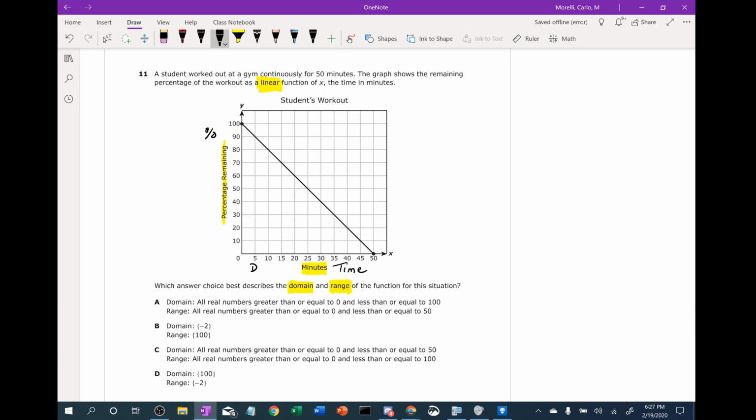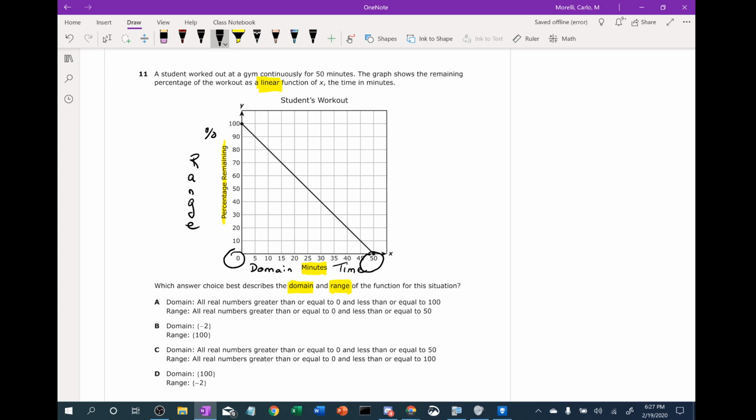So domain is X. So the domain is the minutes, and this is the range. Okay, so let's see. Domain, all real numbers greater than or equal to 0 and less than or equal to 100. Look, guys, the domain here goes from 0 to 50.